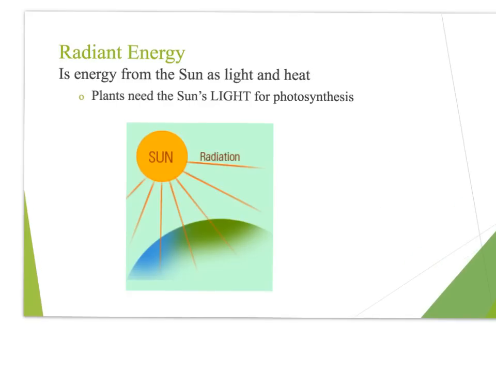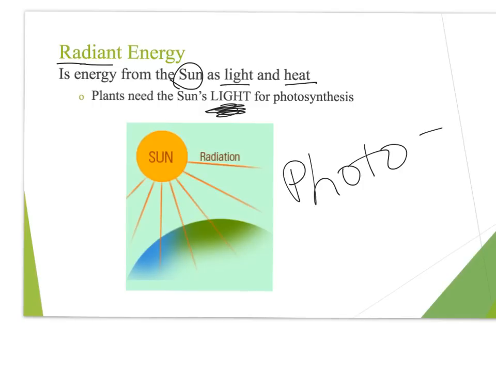Okay, we need to make sure we know what radiant energy is. All radiant energy is energy from the sun, and that can either be as light or heat. Now, the really important thing to remember is that during photosynthesis, plants need the sun's light. We're not worried about the heat. Remember, photo in the word photosynthesis means light.